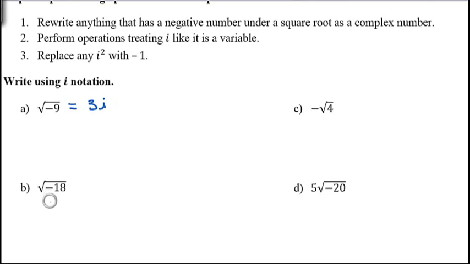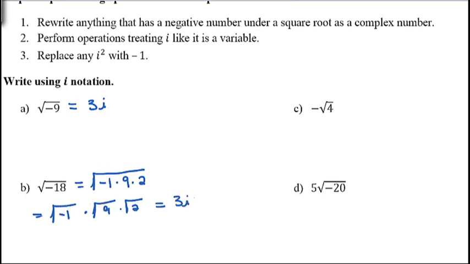In example B, we have the square root of -18, so we could rewrite this as the square root of -1 times 9 times 2. Separating things out, we would have the square root of -1 times the square root of 9 times the square root of 2. The square root of -1 is i, and the square root of 9 is 3, so we would have 3i times the square root of 2.